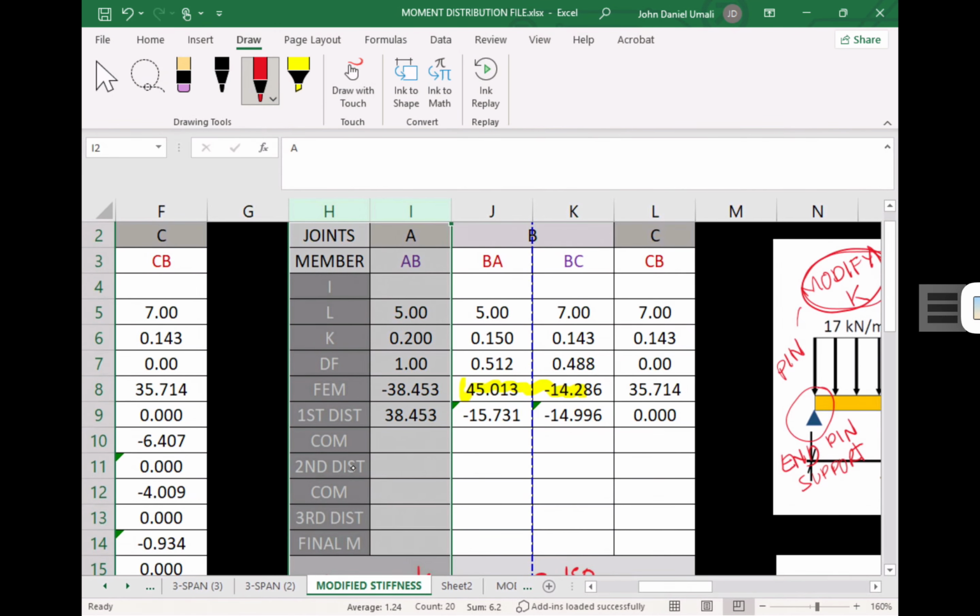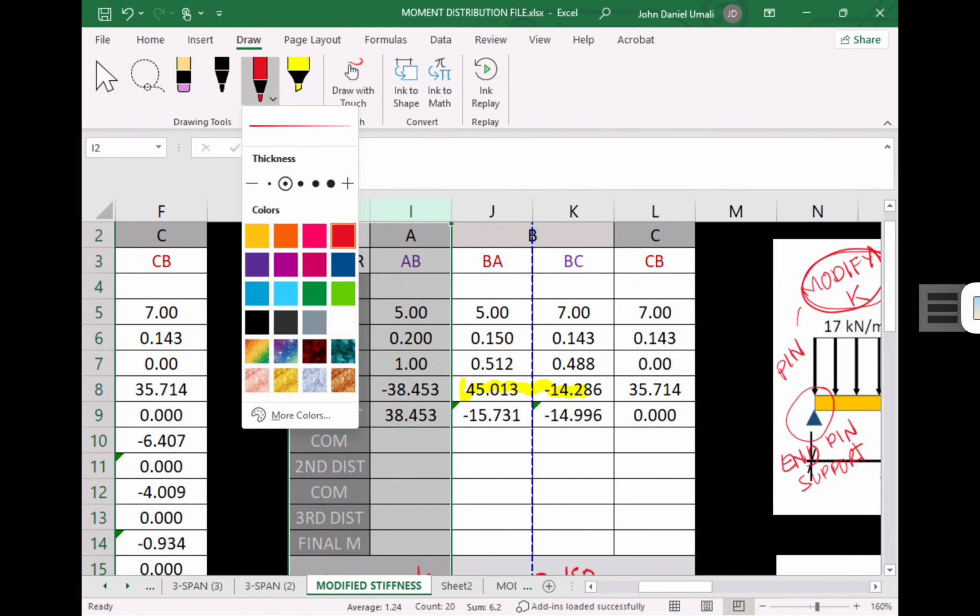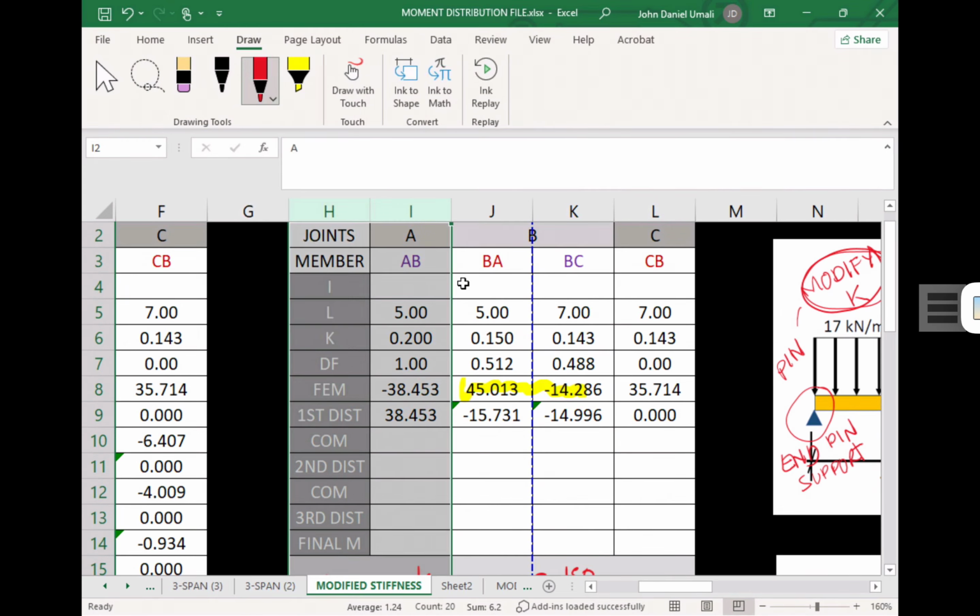Nandito sa column na to. Okay? So, wala tayong i-carry over na dyan. So, yung i-carry over natin is ito, tsaka yun. Okay? So, ito, huwag mo nang i-carry over doon kasi yun nga, this is a pin or a roller.